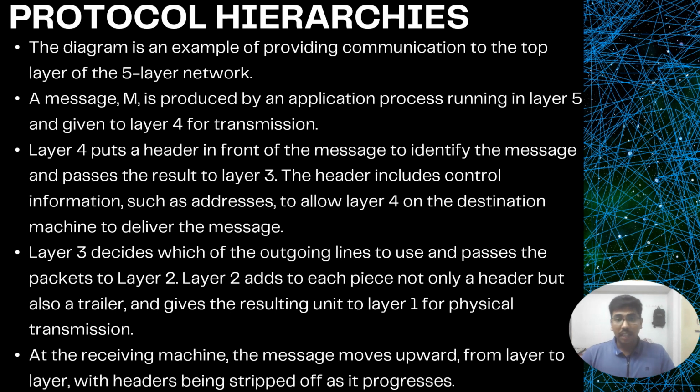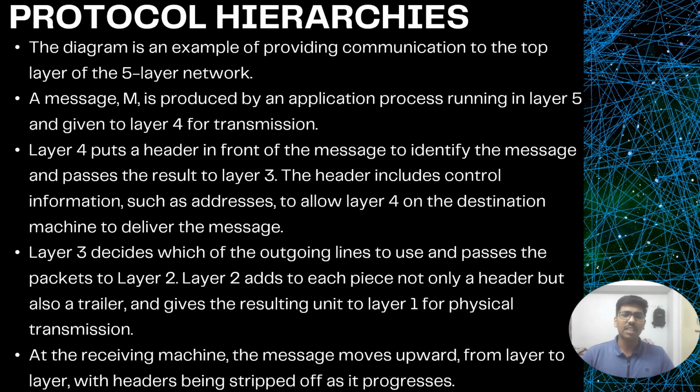The diagram is an example of providing communication to the top layer of a five-layer network. A message M is produced by an application process running in layer 5 and given to layer 4 for transmission. Layer 4 puts a header in front of the message to identify it and passes the result to layer 3. The header includes control information such as addresses to allow layer 4 on the destination machine to deliver the message.